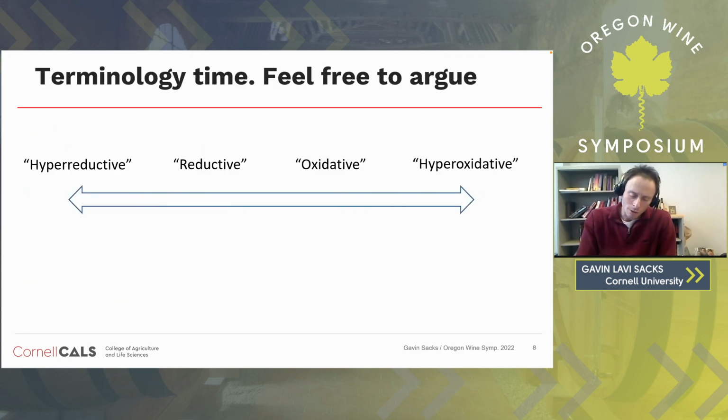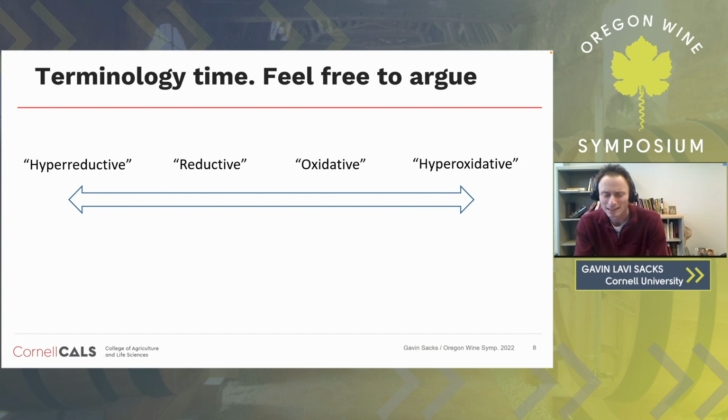Okay, so there's a number of terms that get thrown around to describe handling of musts or juices pre-fermentation. These do not have rigorous regulatory definitions in the same way that, I don't know, a premium wine or a natural wine. Those aren't really tightly defined either, or reserved.